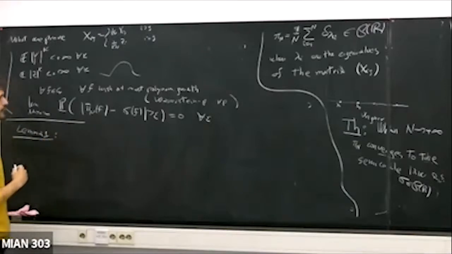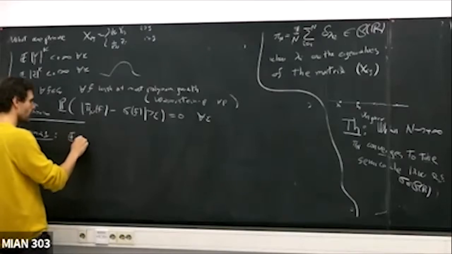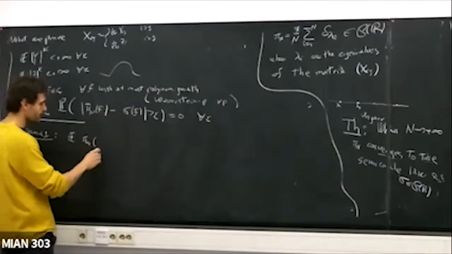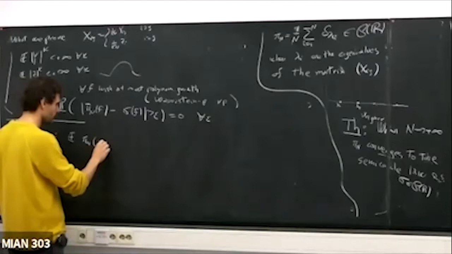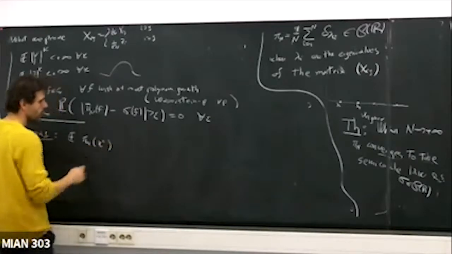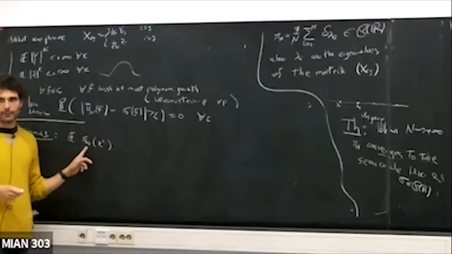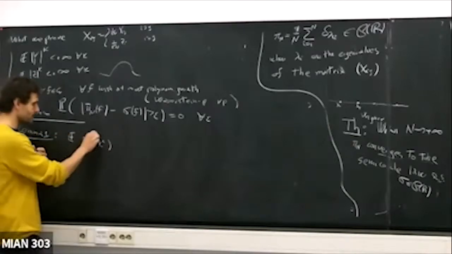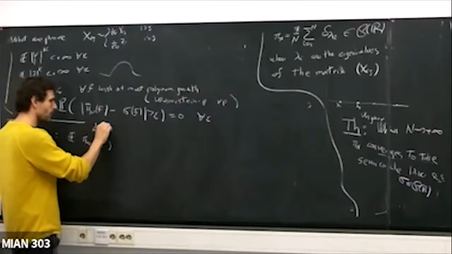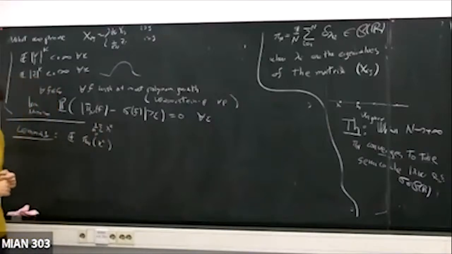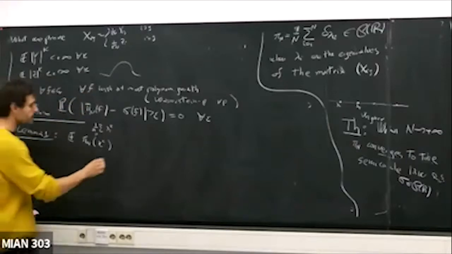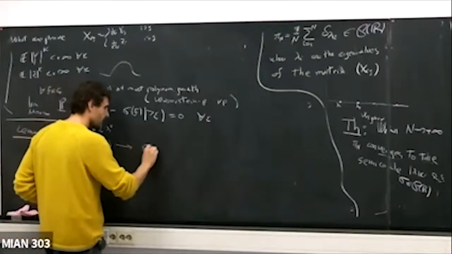The first lemma is the following, let me write it a bit informally: the expected value of pi n on the function x to the k, which just means 1 over n sum of lambda i to the k, converges to sigma of x to the k.